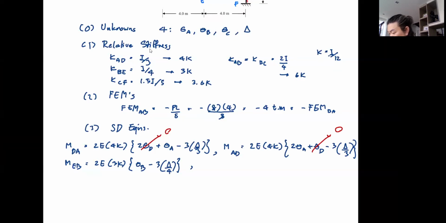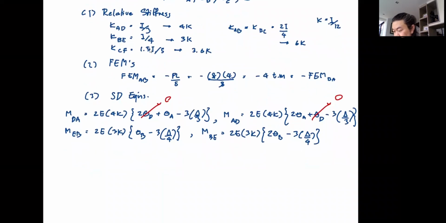Okay, and you have BE next. So it is 2E, 3K. Now 2 theta B, theta E is gone, so you have 2 theta B instead. And minus 3 psi as usual, and psi is delta over 4 now. Okay.